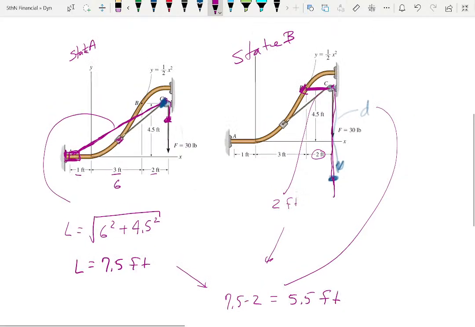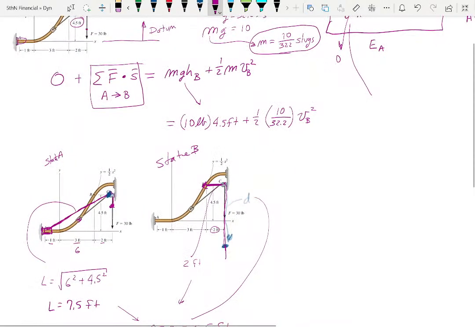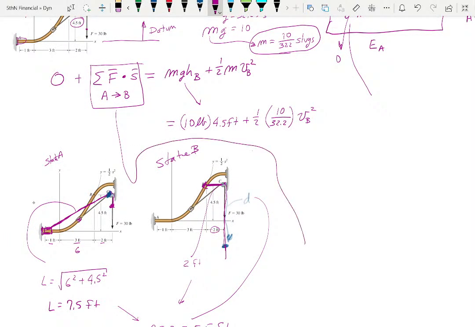Now, what's weird about this term right here is that it's applied to the system, and it is actually applied to this mass. But if you think of it, it applied 30 pounds as it moved along there, and you don't care too much about it because it's always 30 pounds and it moved a certain distance.